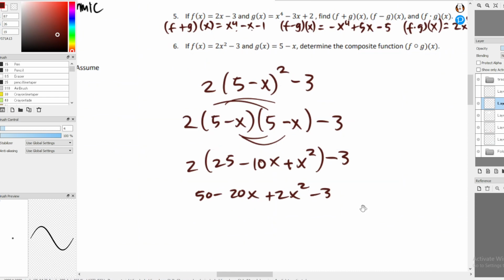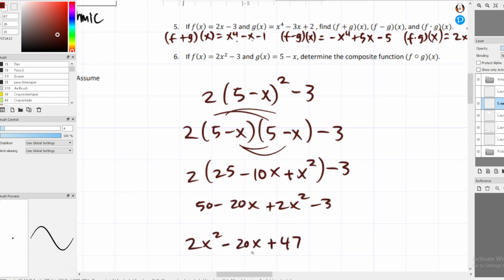Now I'll combine my like terms. So I'll get 2x squared minus 20x plus 47.